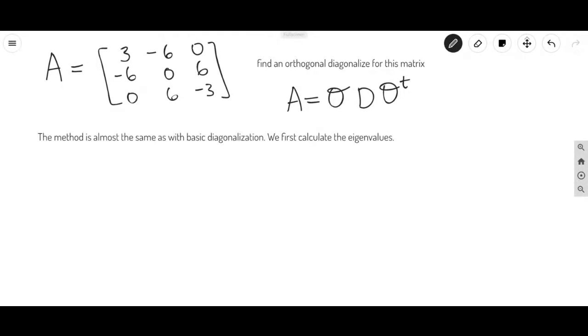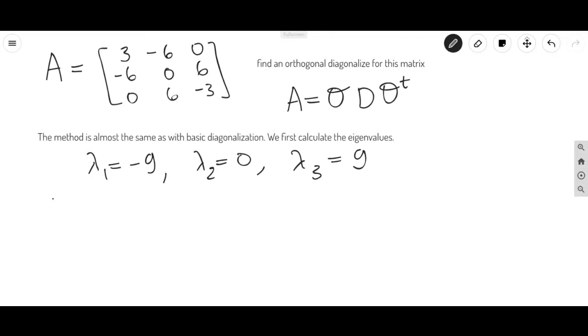So you would find it. Here we have 3 distinct eigenvalues: lambda 1 is -9, lambda 2 is 0, and lambda 3 is 9.